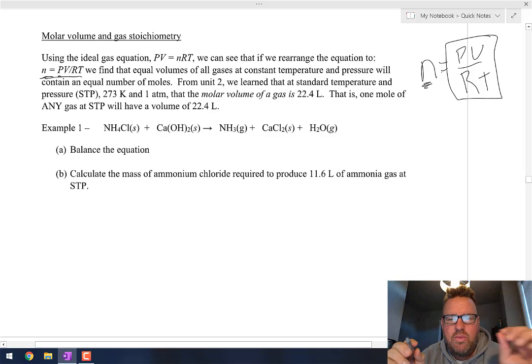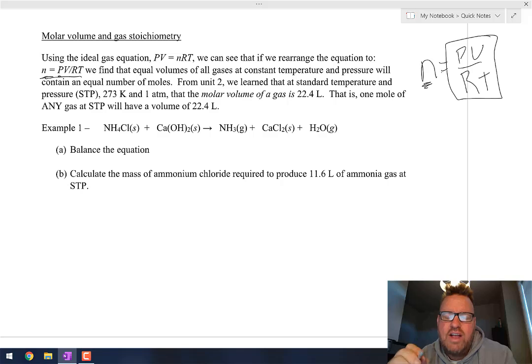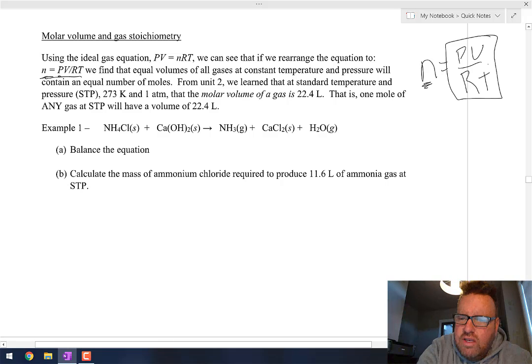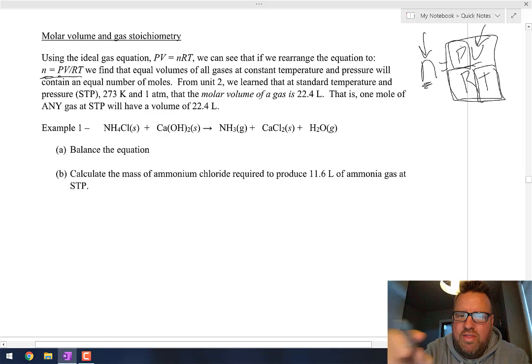And then another thing we learned about gases is that many times they are at standard temperature and pressure. At standard temperature and pressure, because the gas constant doesn't change, the only two variables that can change at STP are the volume and the moles.